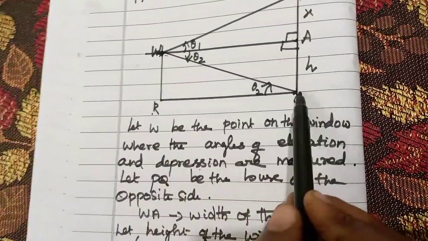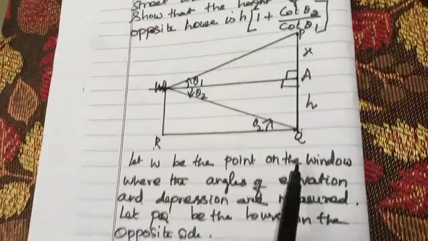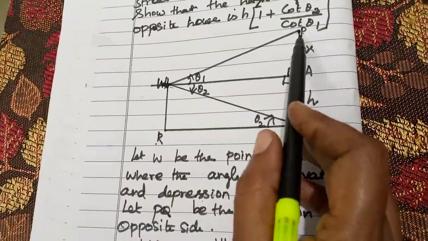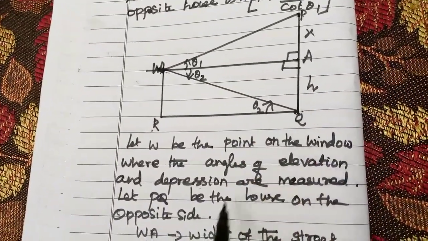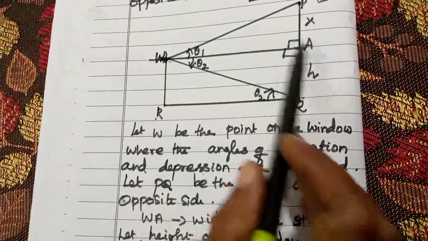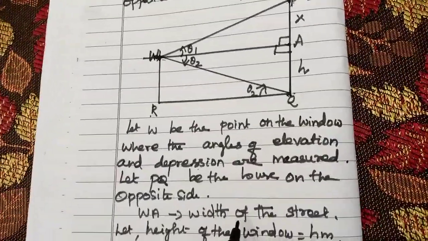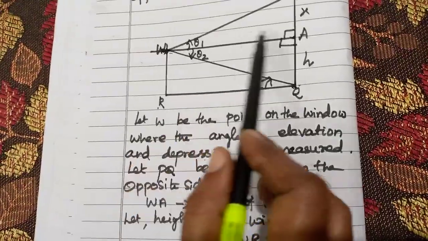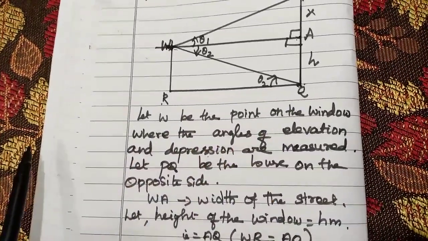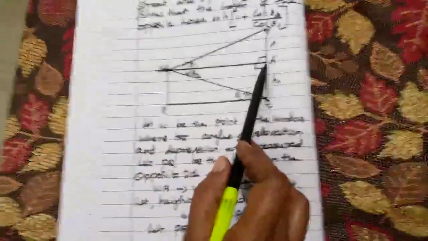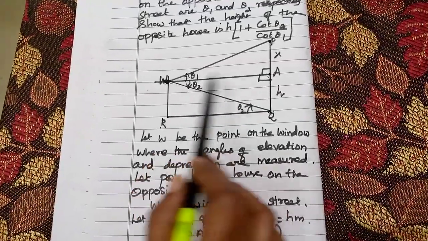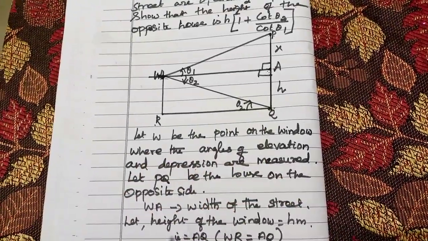PQ be this one. This be the house on the opposite side. WA, this distance, be the width of the street.